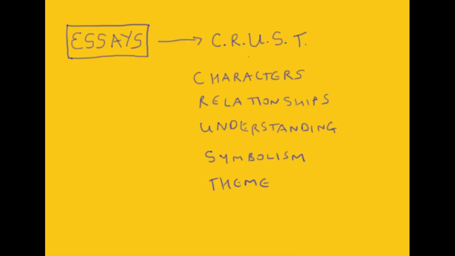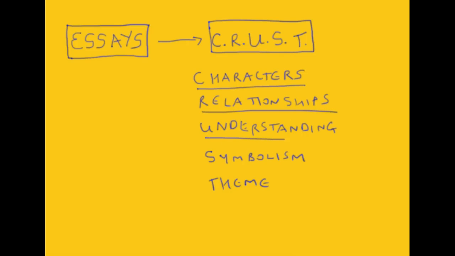The toolkit that we're going to use when we're talking about essay questions is what I call CRUST, the acronym CRUST. What do each of those letters mean? C is for the characters, R is for the relationships, U is for understanding, S is for symbolism, and T is for theme.